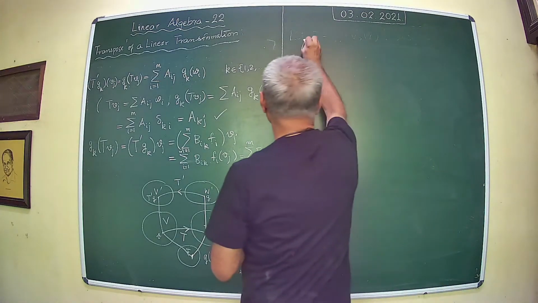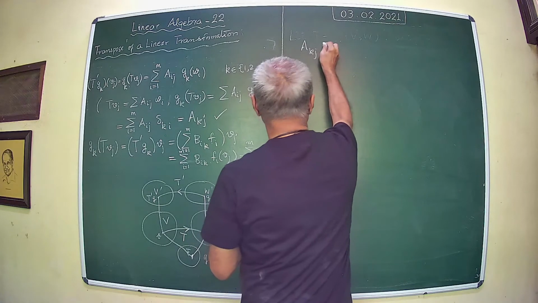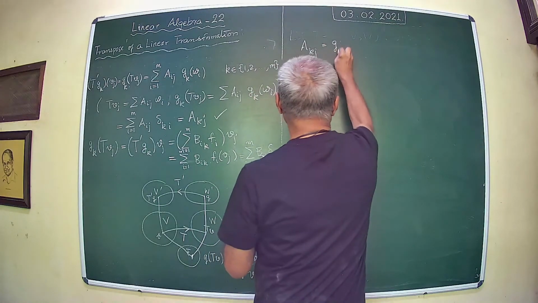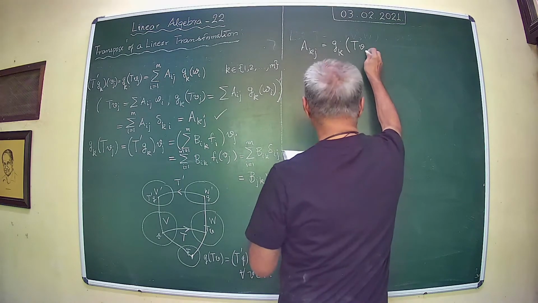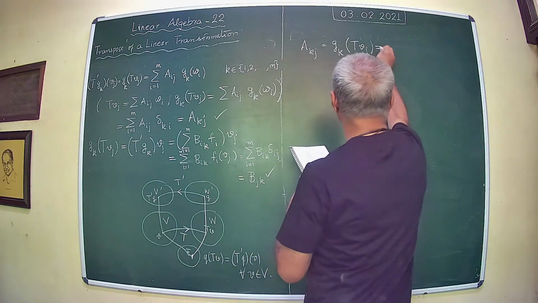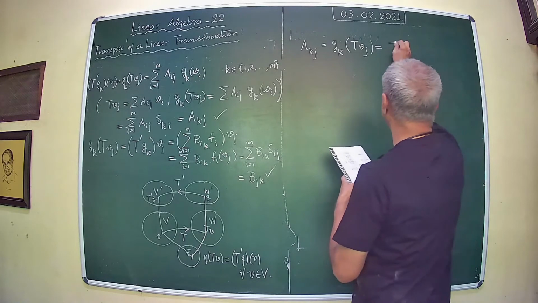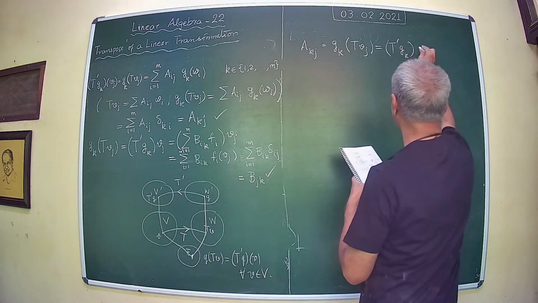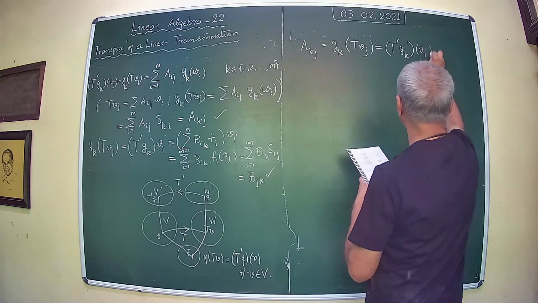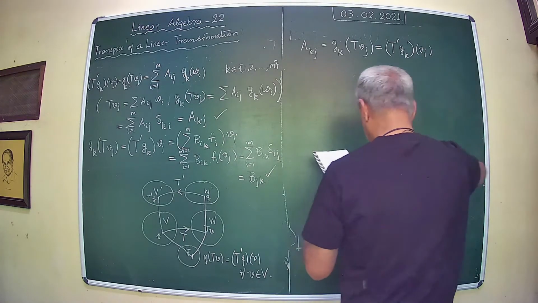Therefore, AKJ, this is equal to GK of T Vj, which is equal to T prime GK of Vj, and that we have computed.